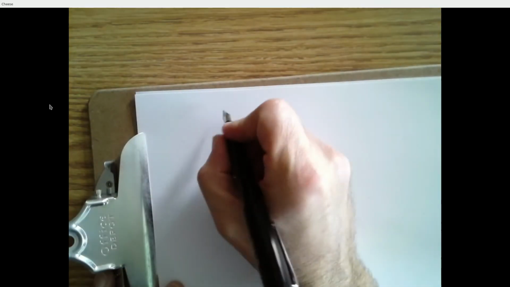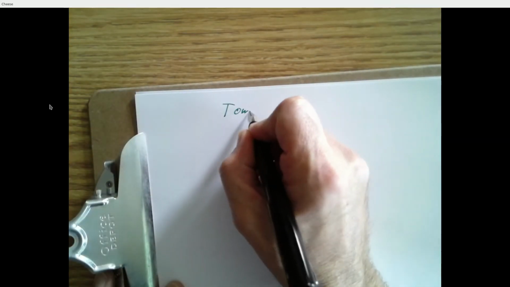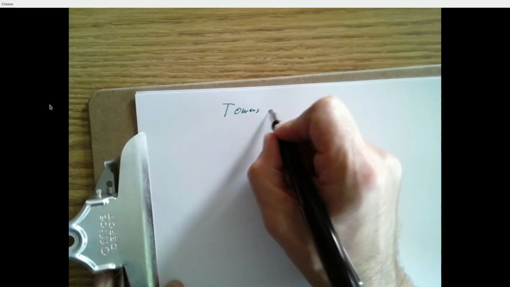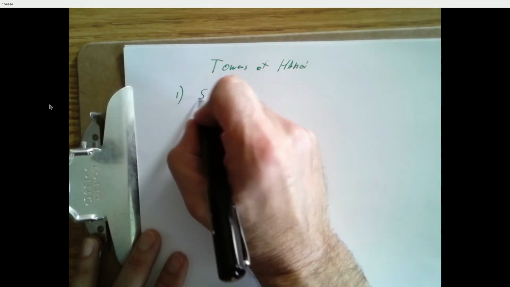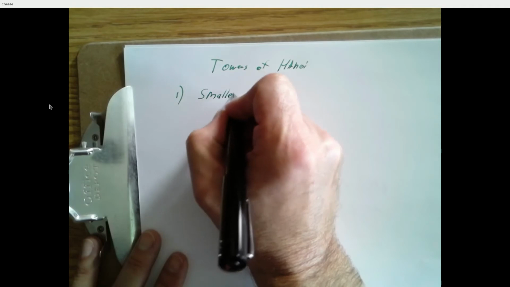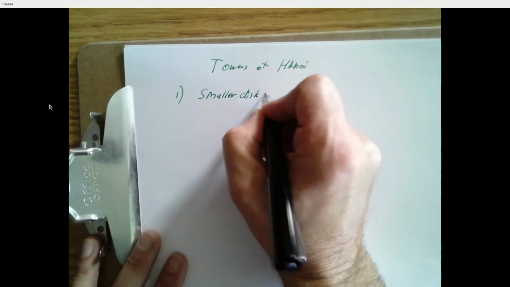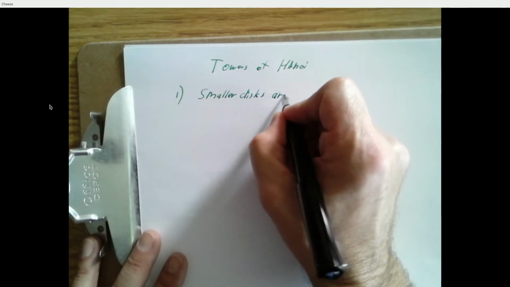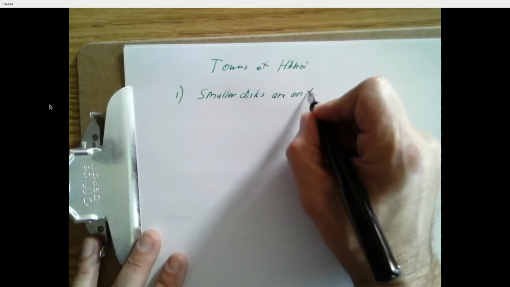All right, so we have the following rules for playing this game. This is Towers of Hanoi. So rule 1, smaller discs are on top of larger ones.